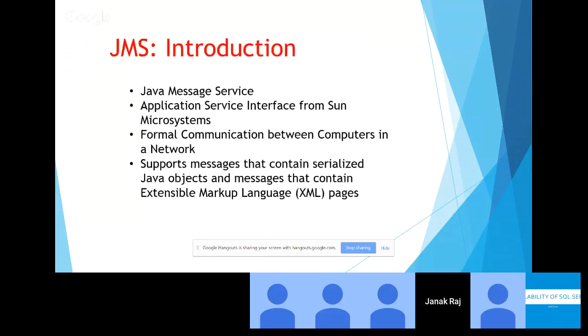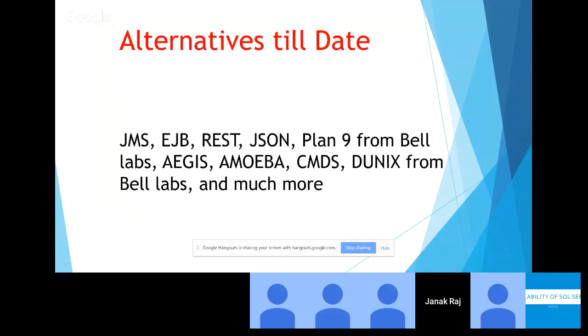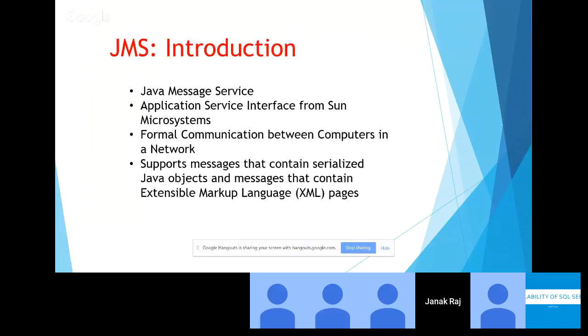Now I am describing JMS and REST. I'll describe REST with JSON in one part, and let's start with JMS. The full form of JMS is Java Message Service, an application program interface from Sun Microsystems that supports the formal communication known as messaging between computers in a network.